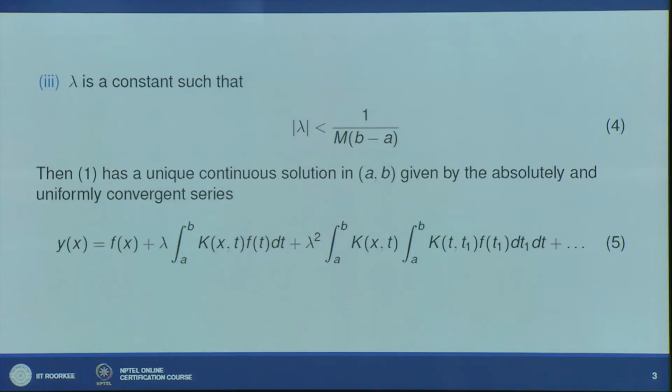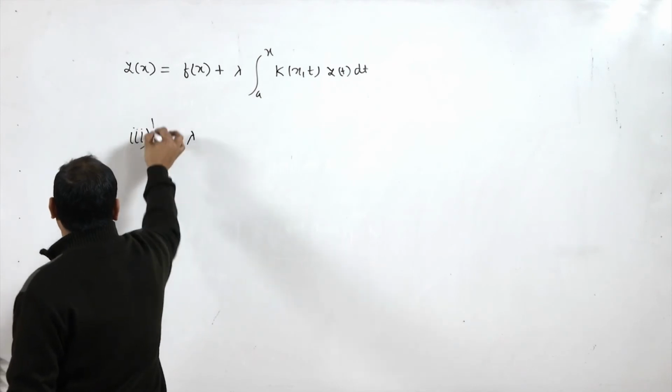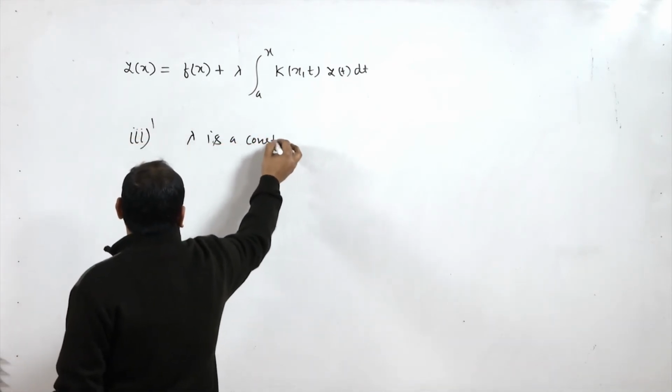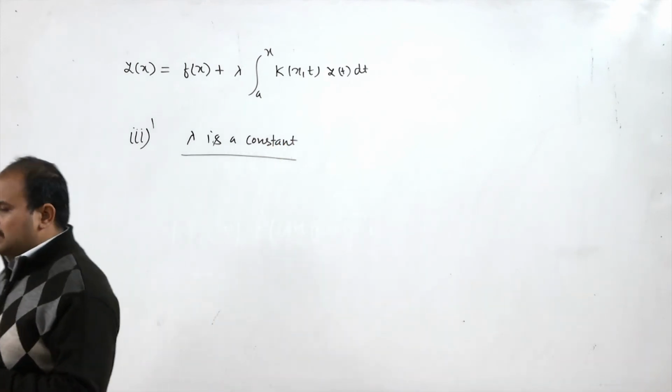The third condition which we assumed for the Fredholm integral equation is not required for the Volterra integral equation. Here we can simply say that lambda is a constant, so I can replace the third condition by third dash, which says that lambda is a constant. So here there is no need of any condition on lambda.